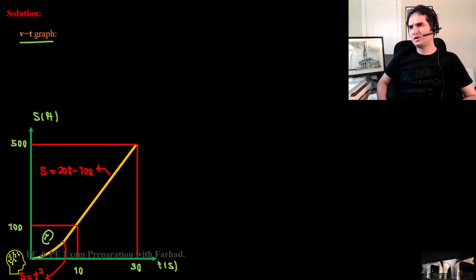Section 1 provides an equation of displacement of time squared, and the second part is a straight line defined by displacement equal to 20 times t minus 100.